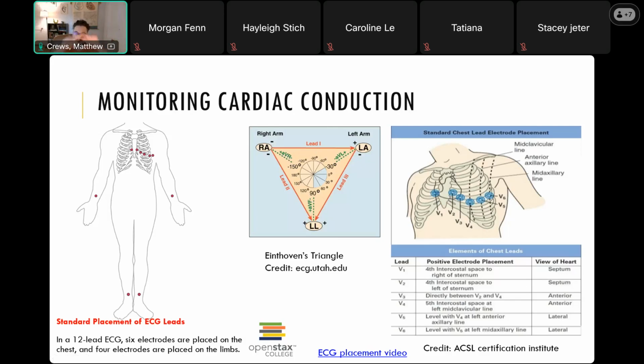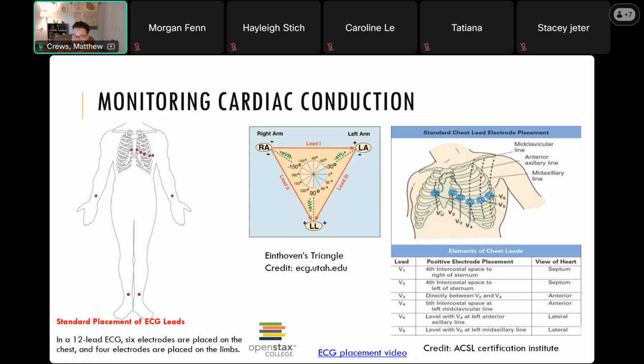You're creating a frame around the heart and looking at it straight on. And then the ventricular leads are creating a horizontal frame. So imagine you're looking straight down at the heart now, on a different plane.